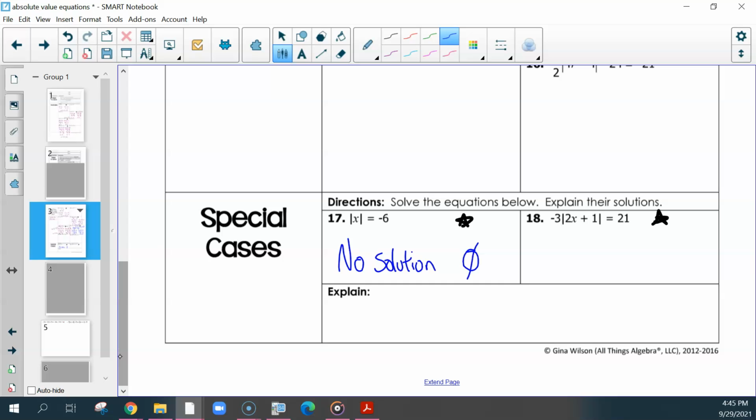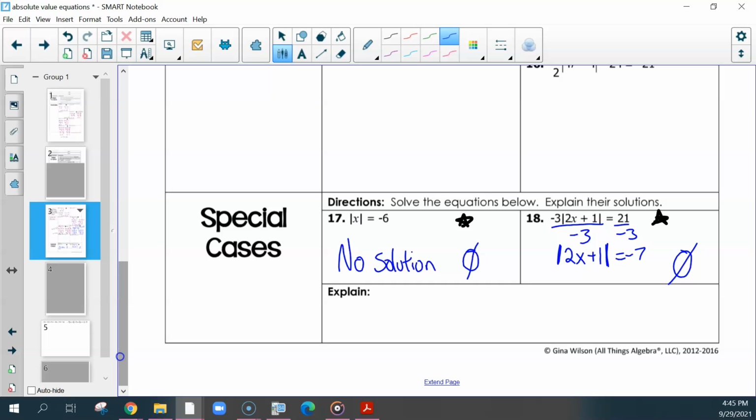So for 18, I'm going to isolate it by dividing both sides by a negative 3. And again, I have that it equals a negative number. So I cannot solve this because it equals a negative number.